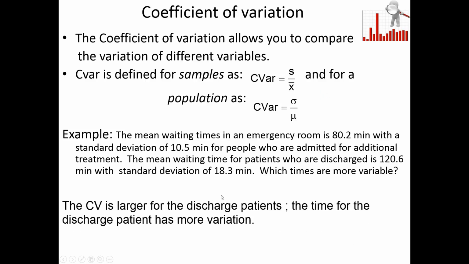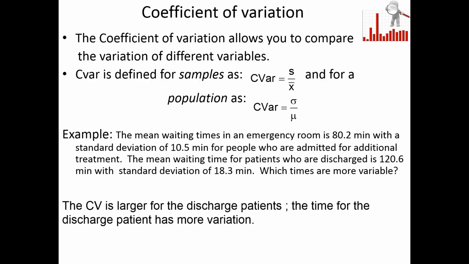So for example, in this particular example, the mean waiting time in an emergency room is 80.2 minutes with a standard deviation of 10.5 minutes for people who are admitted for additional treatment. The mean waiting time for people who are discharged is much larger, 120.6 with a standard deviation of 18.3. Which times are more variable?